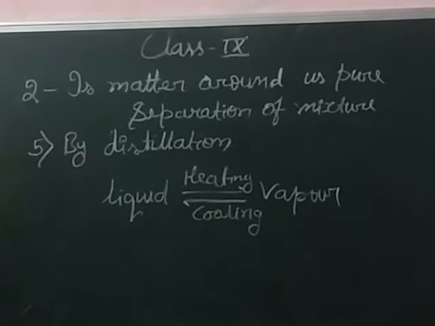The distillation process is based on this principle. When we heat the liquid, it converts into vapor, and when we cool or condense this vapor, it converts into liquid again.